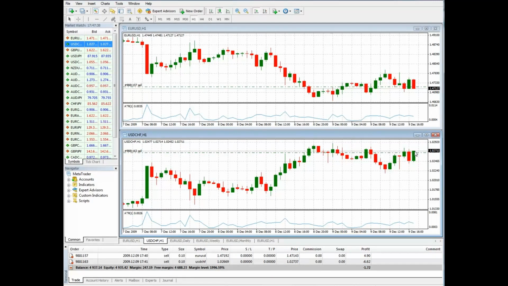because if you sold it and this is moving down, then if it goes back up, the euro dollar US dollar is moving against you. So it starts to go up, the US dollar Swiss franc starts to go down, then you have an opportunity to grab some profit.